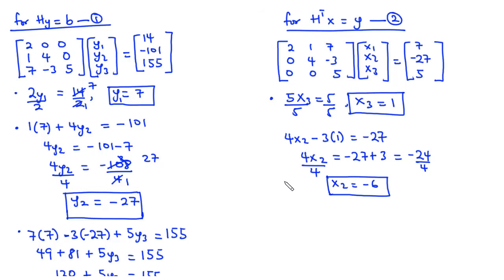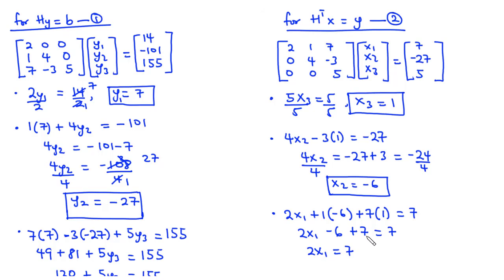Now we move on to the last, or basically row 1. And then here we have 2 times x1 plus 1 times x2 plus 7 times x3, and that is simply equal to 7. So here we have 2x1 minus 6 plus 7 equals 7. This becomes 2x1 equals 7 minus 7 plus 6, and that is equal to 6.